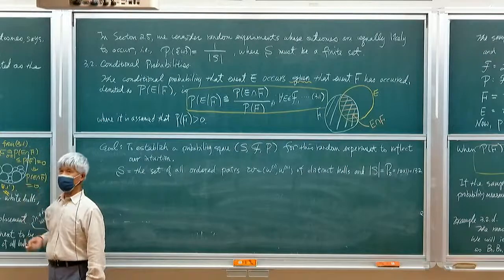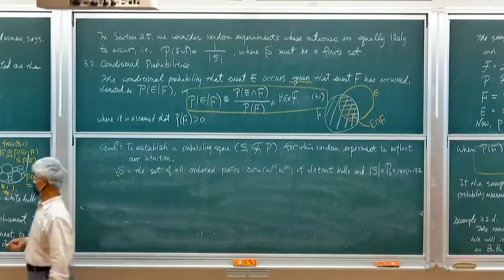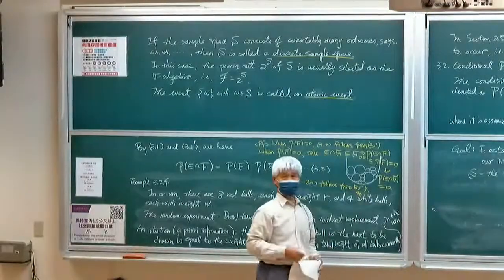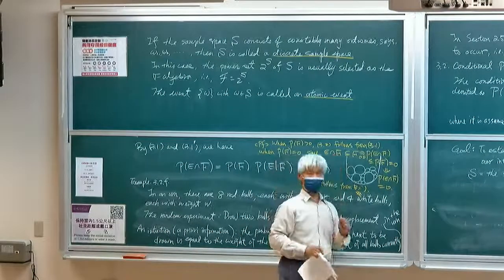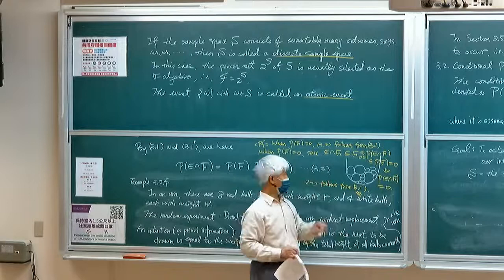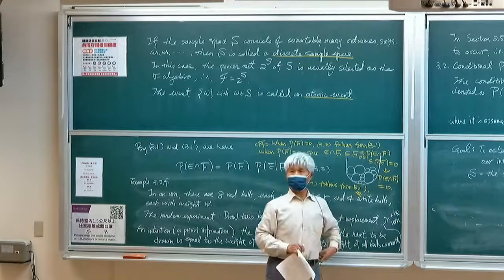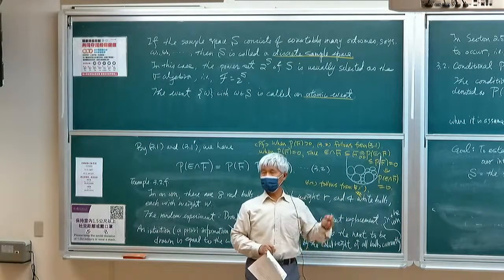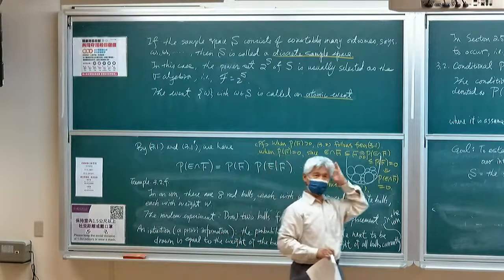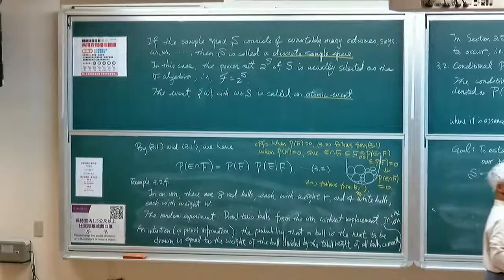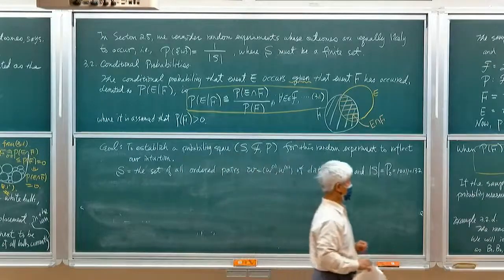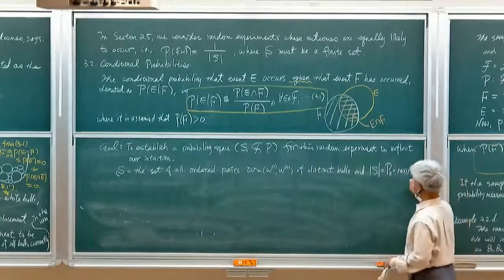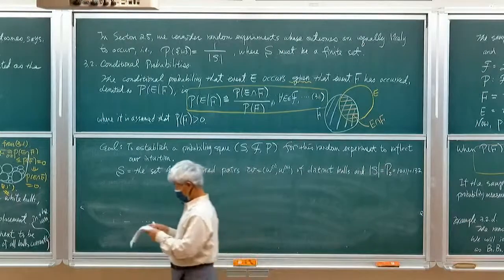The first draw is one of the 12 balls. After the first draw, there are 11 balls left in the urn, so one of the 11 balls will be drawn the second time.